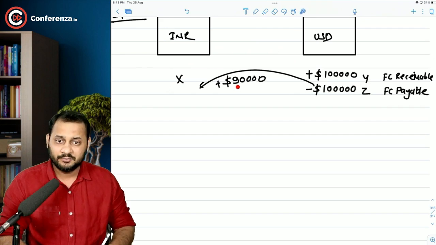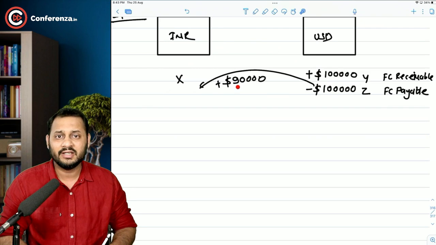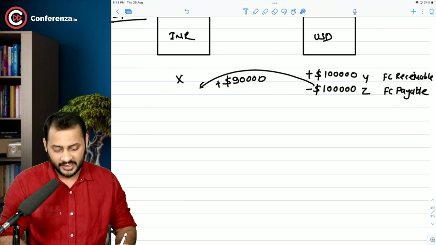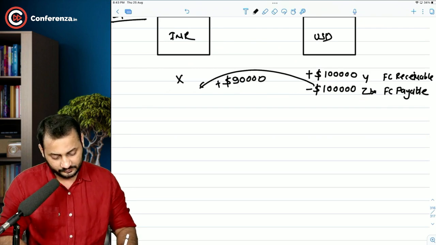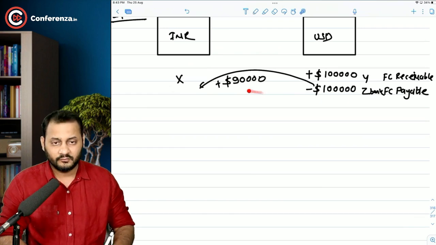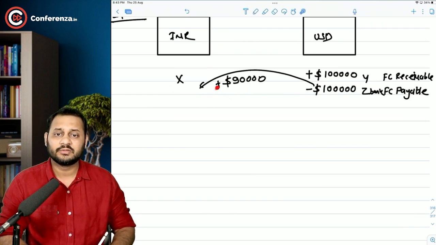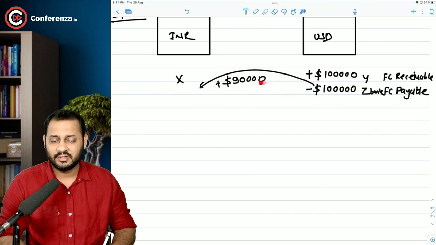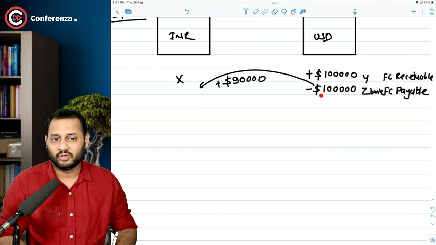So at time 0, if you borrow $90,000 from Z bank, after 6 months there will be a liability of $10,000 interest and the $90,000 principal, totaling $1 lakh, which will be settled with the receivable.